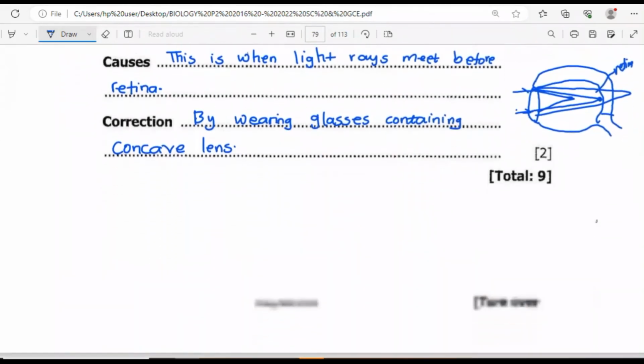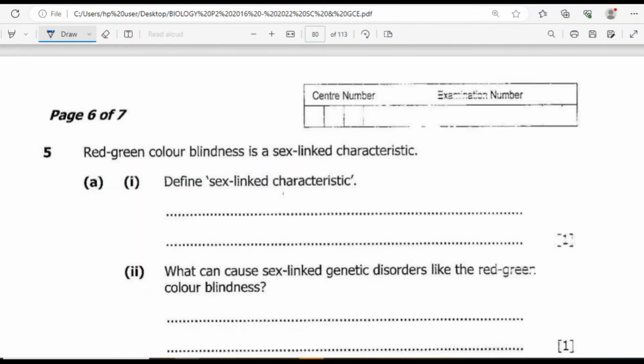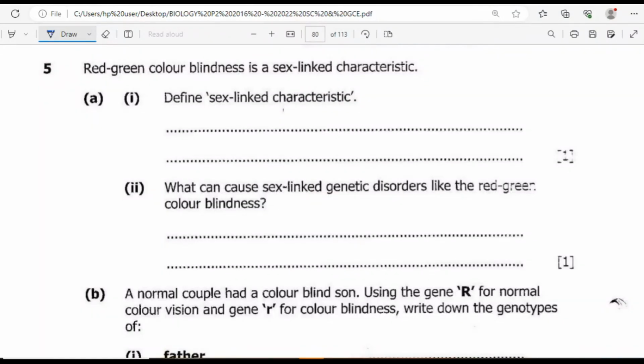Let's move on to our last question for this video. Red-green color blindness is a sex-linked characteristic. A1, define sex-linked characteristics. These are characteristics that are carried on the X chromosomes.